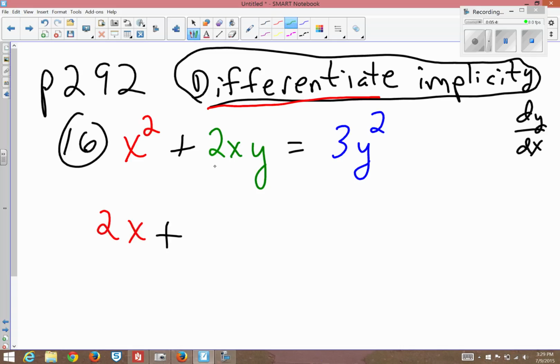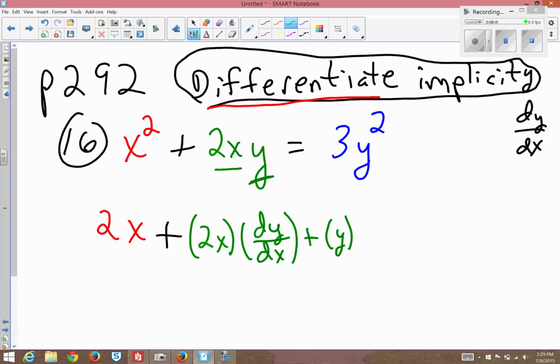The derivative of a product, 2x times y, is the first, which is 2x, times the derivative of the second with respect to x, plus the second, which is y, times the derivative of the first. The first is 2x, the derivative of 2x is 2. All this green is the derivative of 2xy using the product rule. The first times the derivative of the second plus the second times the derivative of the first.